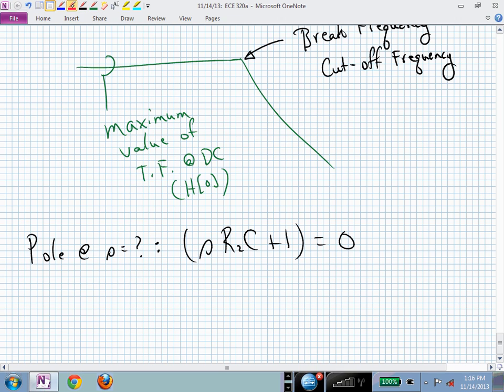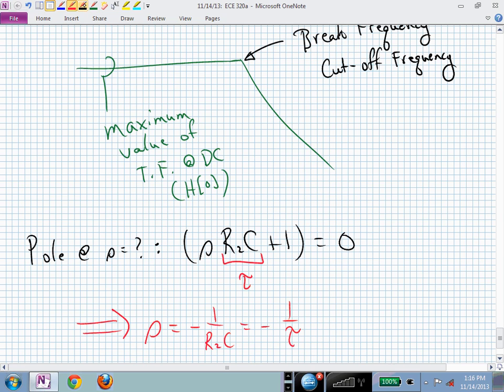And we've called this particular piece of that expression the time constant, tau. So this is now s is equal to minus 1 over R sub 2 C, or minus 1 over tau.